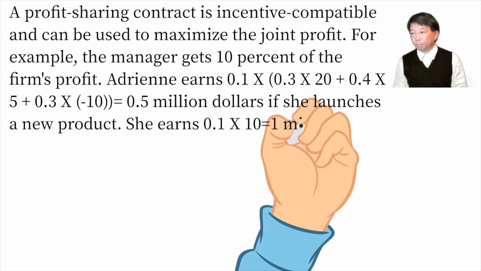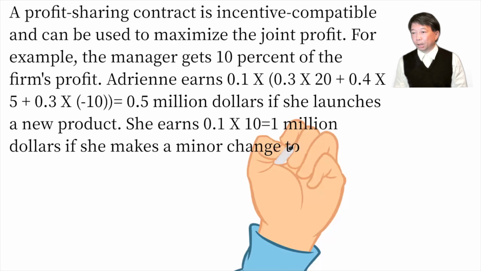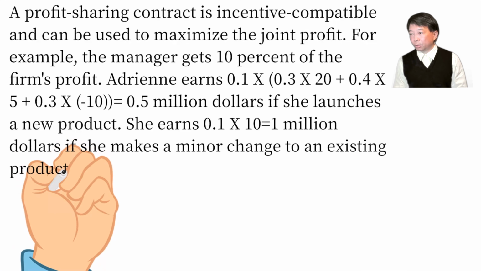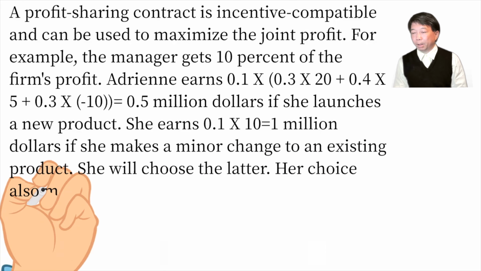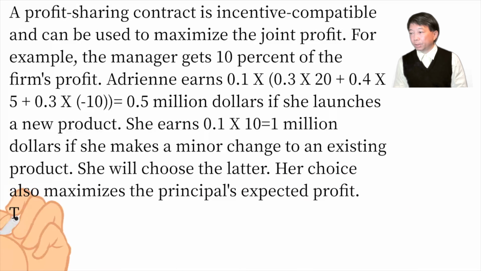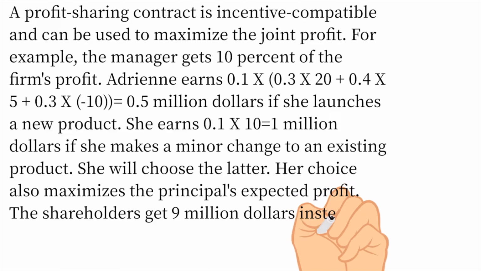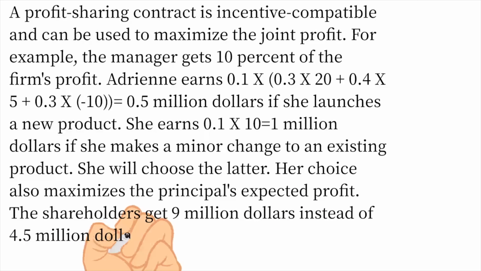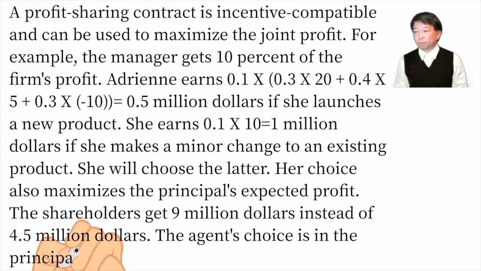She earns $1 million if she makes a minor change to an existing product. She will choose the latter. Her choice also maximizes the principal's expected profit. The shareholders get $9 million instead of $4.5 million. The agent's choice is in the principal's best interest.